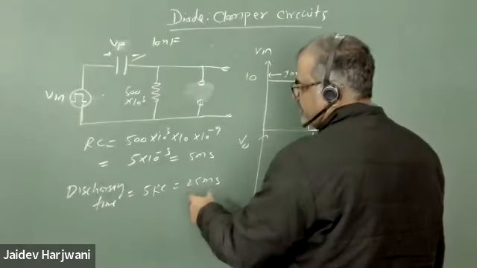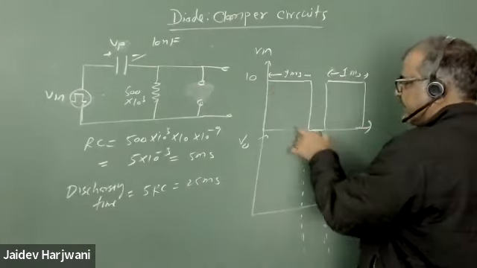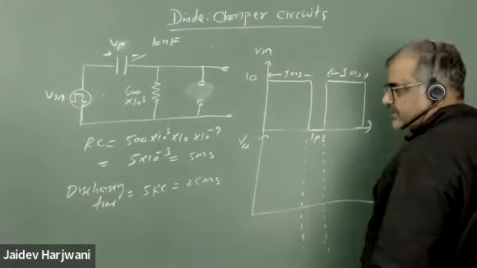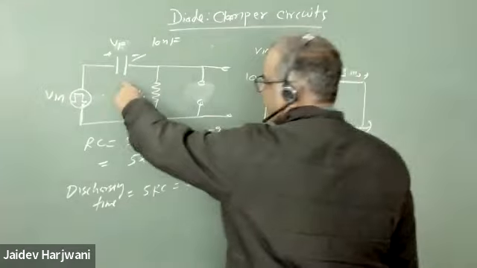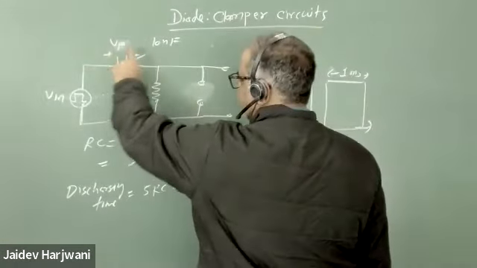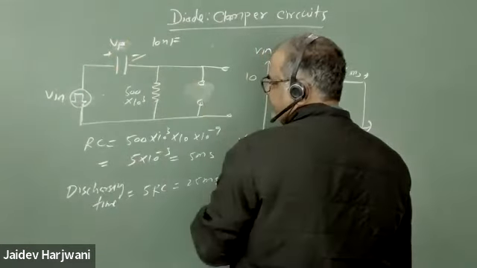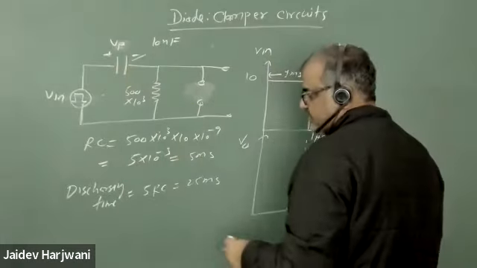So once this is charged, it will not discharge completely. Once this is charged up to the peak value, it makes the diode reverse biased, and this becomes open. Now here you can apply your KVL.